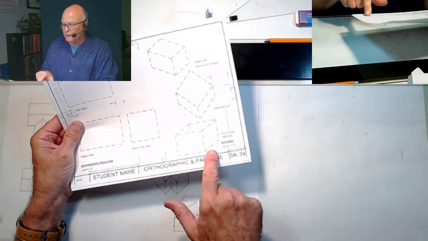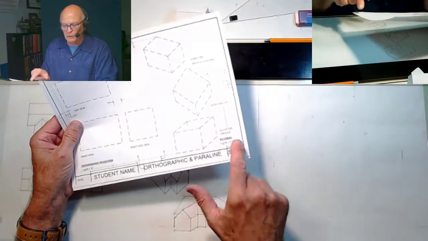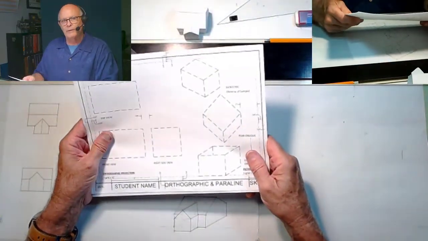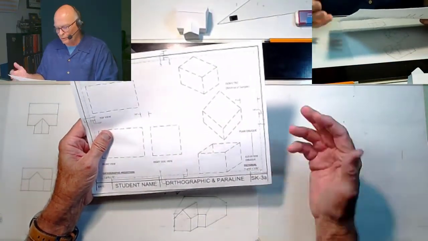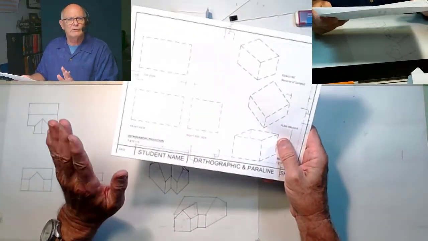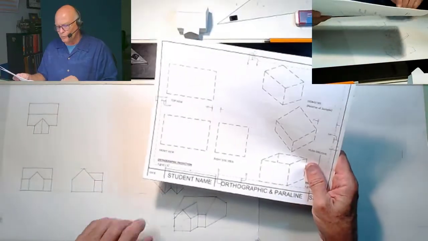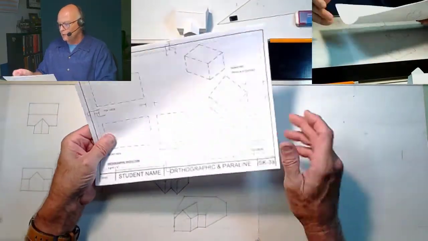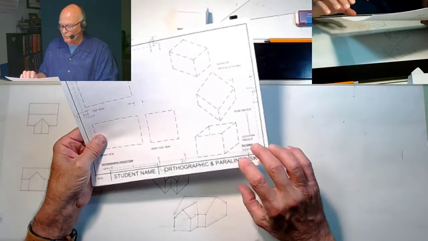This category we're calling pictorial is another name for the paraline projections. Either one's fine with me. I don't care. But just understand there's two types of drawings we're doing here. We got the orthographics and we got the paralines.